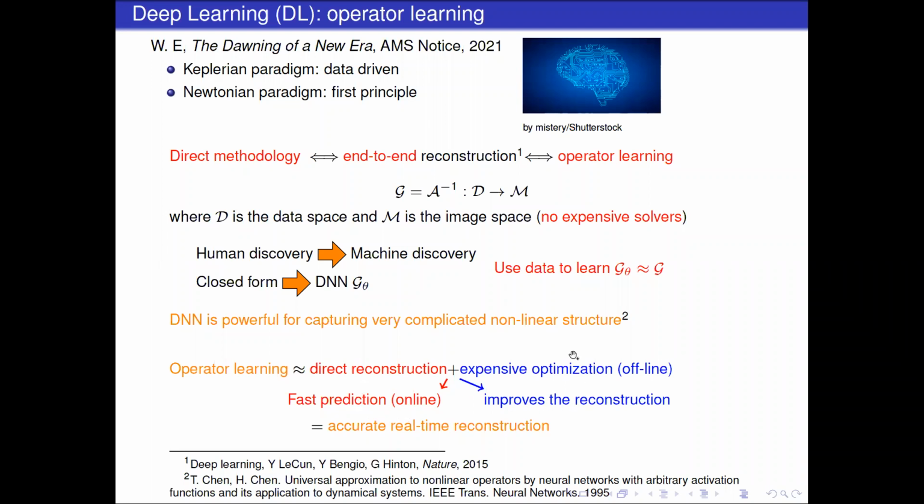The optimization is solved at the offline stage, which is really expensive, but it's offline. So we can still keep the accuracy without losing the efficiency. If we combine them together, we think this has the potential to lead to real-time reconstruction. So this is our motivation for this research.